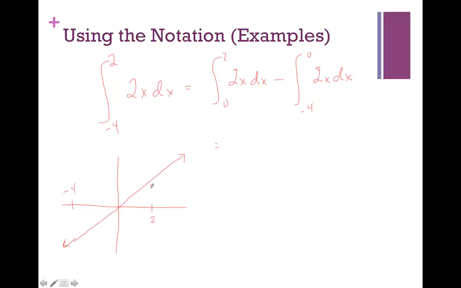The area here, this distance is 2. The height is f of 2. So it's 1/2 times 2 times f of 2, which is 4, minus, now remember that this is technically a negative area.